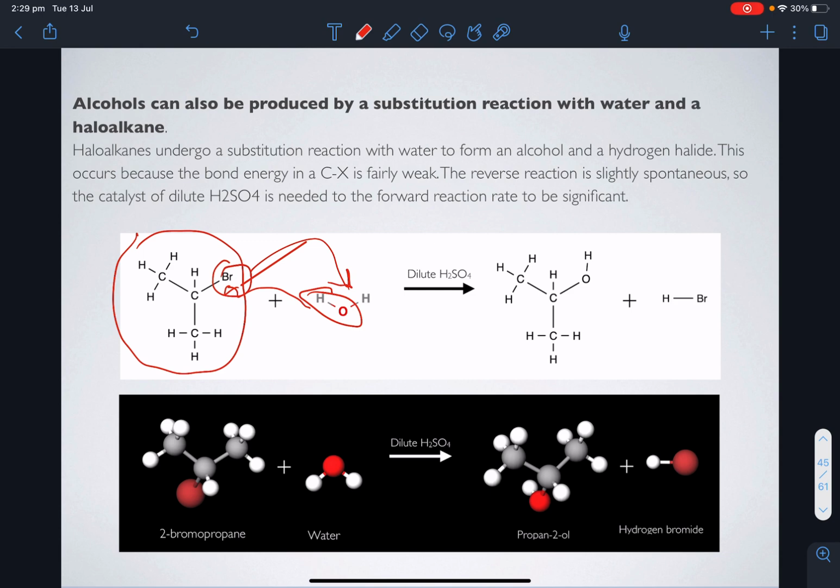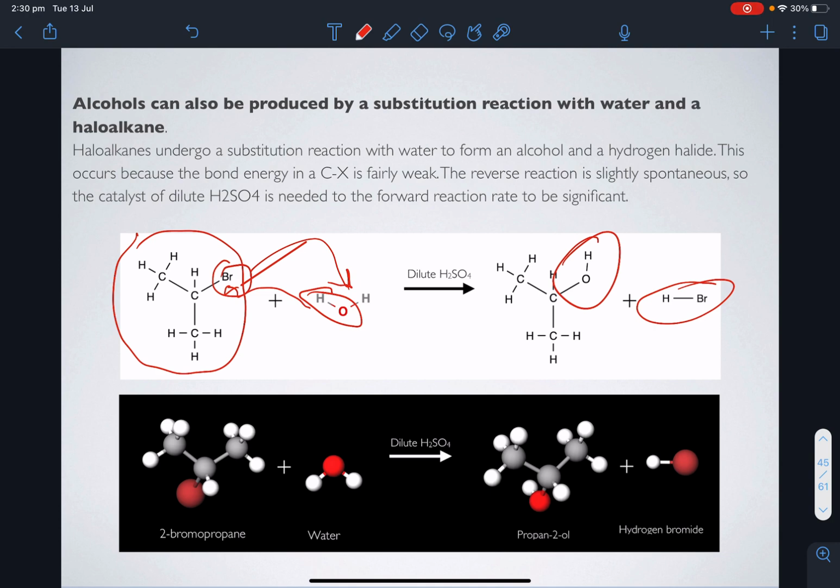So here I've got 2-bromopropane. That's good. I got it right. And I'm substituting it with water, and so it's becoming an alcohol group on the 2 position as opposed to a bromine. So it's becoming propan-2-ol, and what's left over is the bromine now bonds with a hydrogen to be hydrogen bromide.